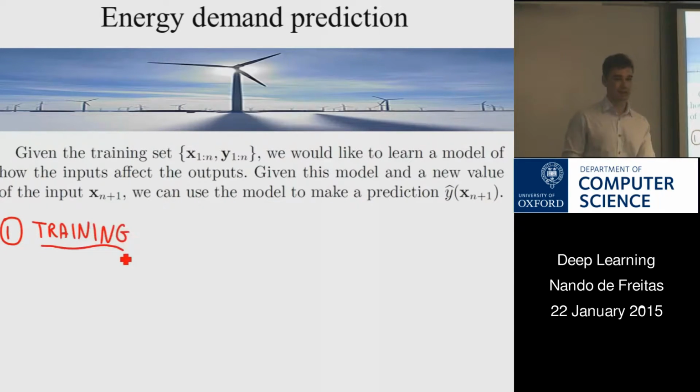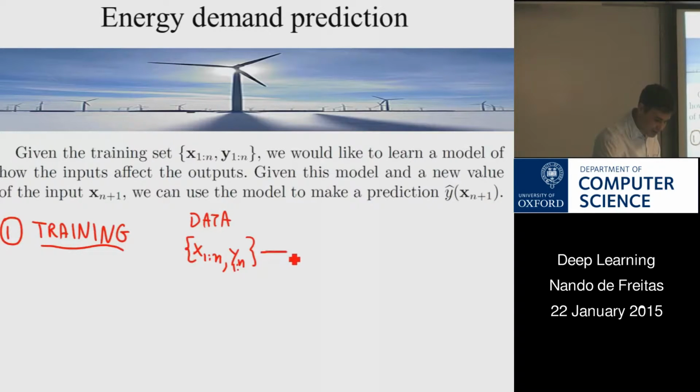Statisticians call this statistical estimation and so on. The idea is, given the data, and the data is essentially that table of numbers which has n x's and n y's. The y's are one column, the x's could be several columns, d columns in total.